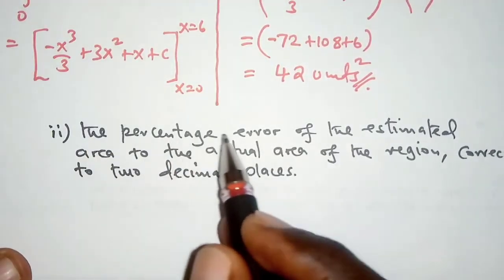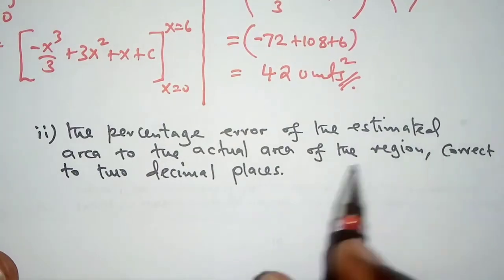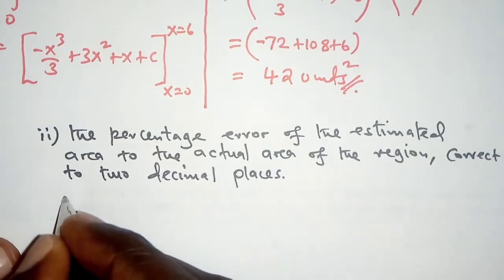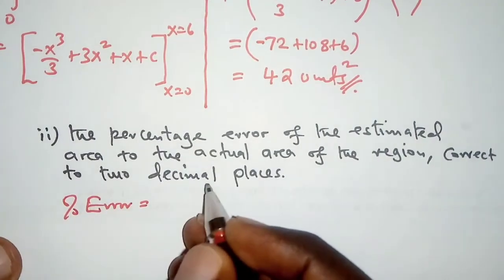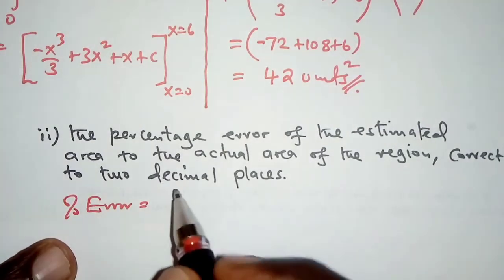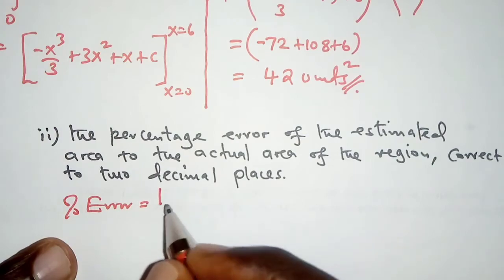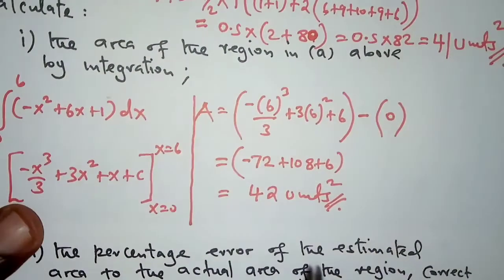Finally, the percentage error of the estimated area of the actual area of the region, correct to 2 decimal places. The percentage error is obtained by having the error in the area, and the error in the area is obtained by simply getting the difference between the two areas, the estimated area and the actual area.